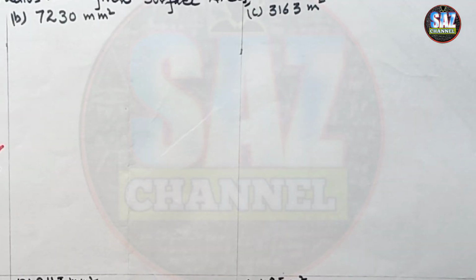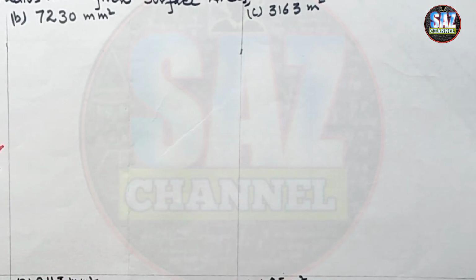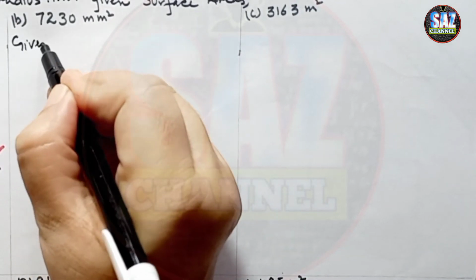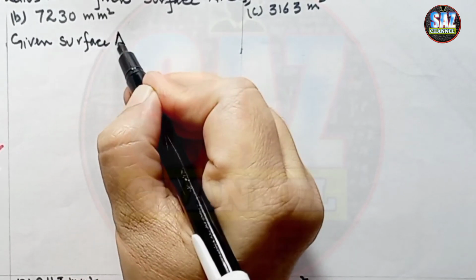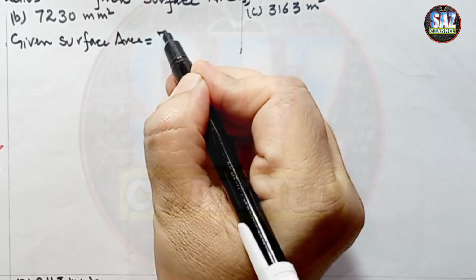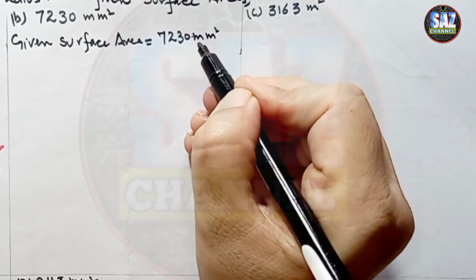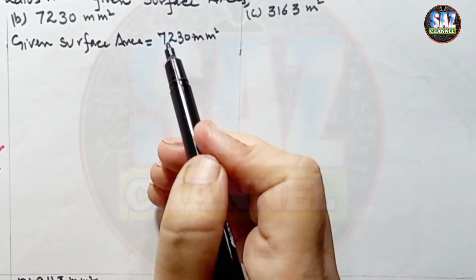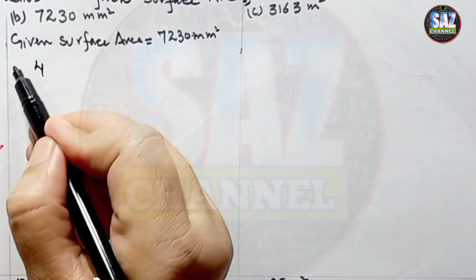And in B part, the given surface area is 7230 millimeters square. Now as this is the surface area given, so this value will be equated by the formula of surface area.